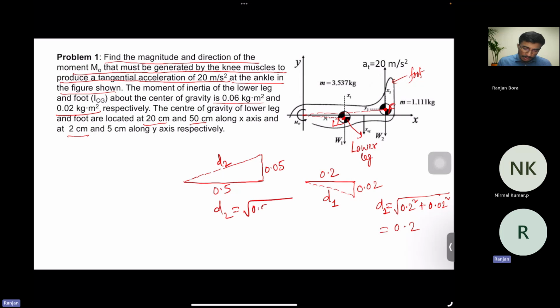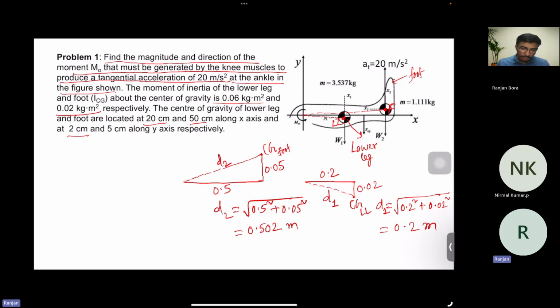It will be the square root of 0.5 square plus 0.05 square. This was for the CG of the lower leg, and this is for the CG of the foot. It will be 0.502. Its unit is meter. So we have got d1 and d2.